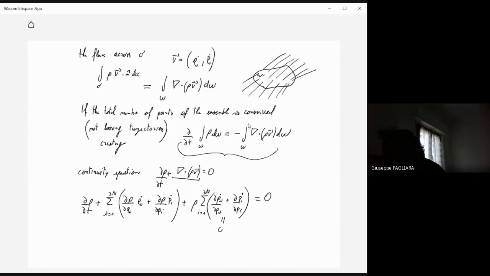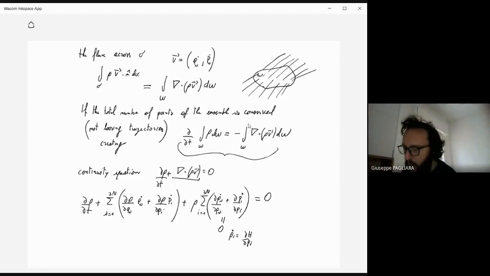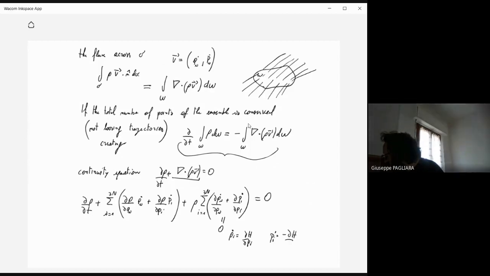Now this is equal to 0 because qi dot is the derivative of the Hamiltonian with respect to pi, following the Hamilton equation, whereas pi dot is minus the derivative of the Hamiltonian with respect to qi.